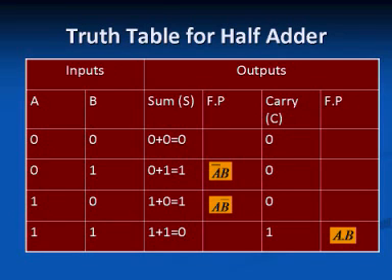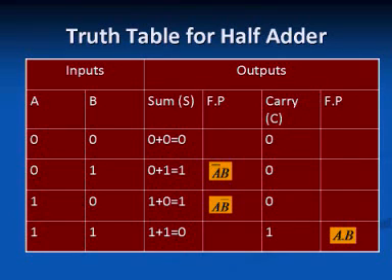Similarly, fundamental product for A equal to 1 and B equal to 0 is A into B bar for the sum. Adding these fundamental products, we get Boolean expression for sum S to be equal to A bar into B plus A into B bar.